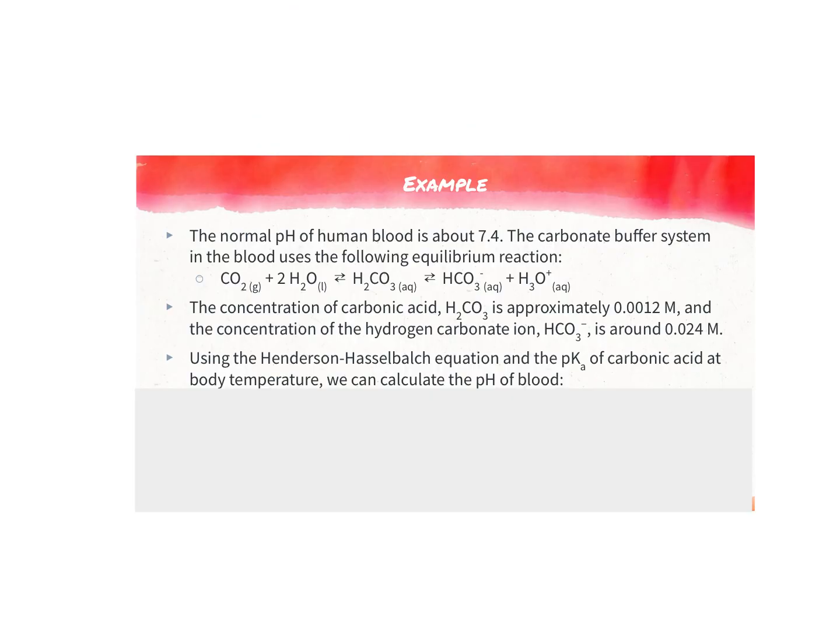So we can use the Henderson-Hasselbalch to find pH, but you can also use it to find the pKa of an unknown acid. Here, this example says the pH of human blood is about 7.4, slightly basic. And our bodies use this carbonate buffer system that allows us to have this equilibrium.